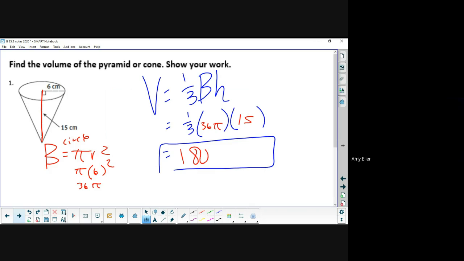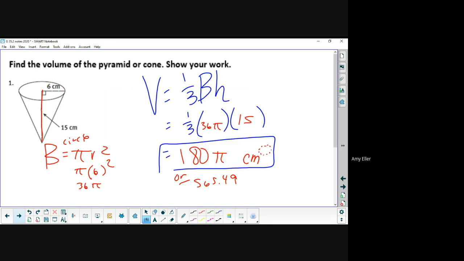And I'm going to write the pi. If you decide you want to type it with the pi, that is fine. I put that answer down also.